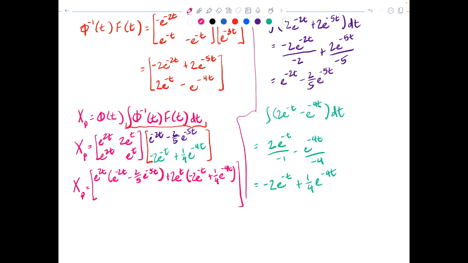And then the next entry will be e to the 2t times e to the negative 2t minus 2/5 e to the negative 5t plus e to the t times negative 2e to the negative t plus 1/4 e to the negative 4t.